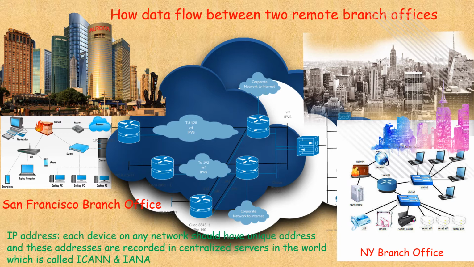Each device on any network should have a unique address, and these addresses are recorded in centralized servers in the world, which is called ICANN, Internet Corporation for Assigned Names and Numbers, and its division, the Internet Assigned Numbers Authority, IANA.